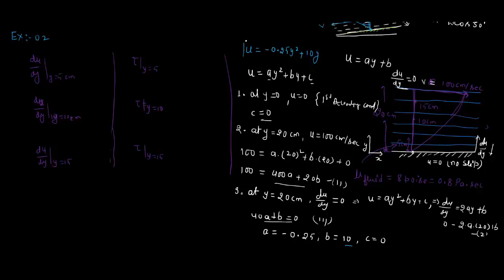So this is the profile of velocity: u equals minus 0.25 y square plus 10y.